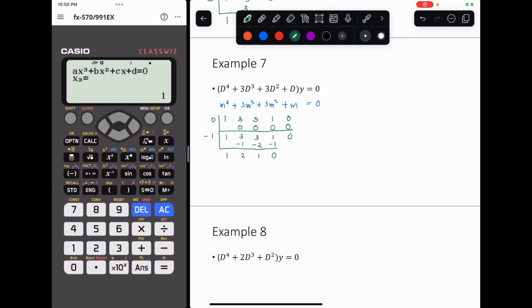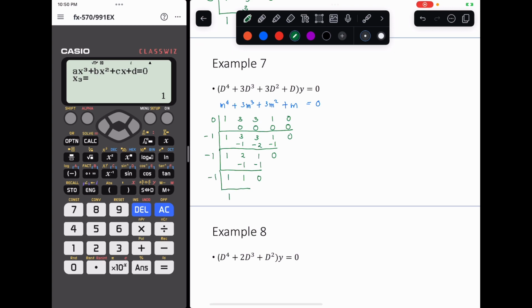To get a positive, I should have a negative 1 again. So bring down 1. 1 times negative 1 is negative 1. So 2 minus 1 is 1. So 1 times negative 1 is still negative 1. So that makes it 0. And lastly, obviously, it's another negative 1.